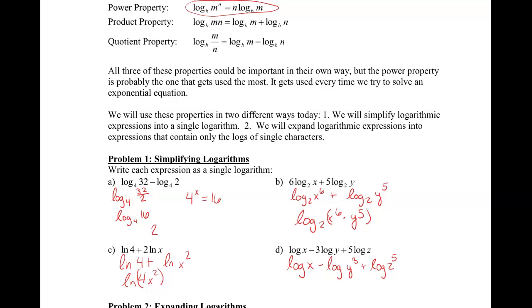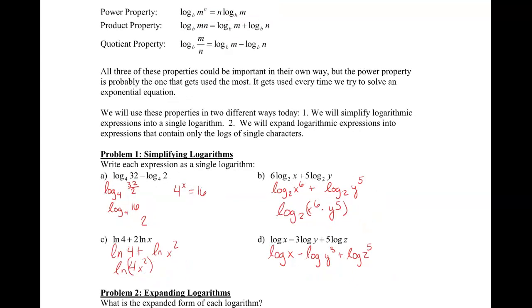Okay, so the next thing that I need to do is I need to say, okay, well, which one do I want to do first? Well, when we get to just addition and subtraction, we just do everything from left to right. So the first one I see is that quotient property, which tells me I'm going to be having the same base, which is still that log base 10, or just log, of x now divided by y cubed, because m was x and n was y cubed in that particular case.